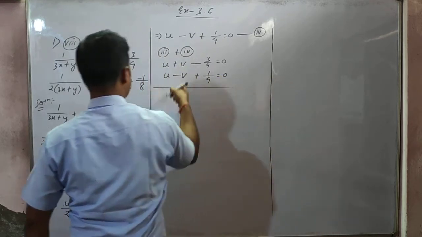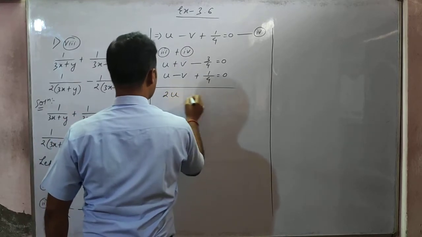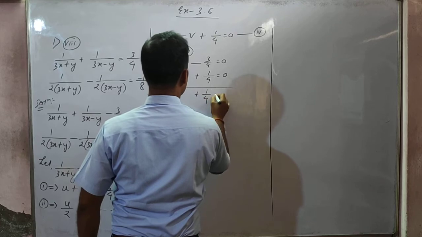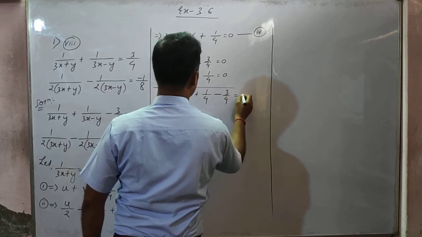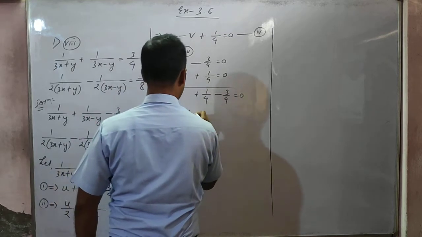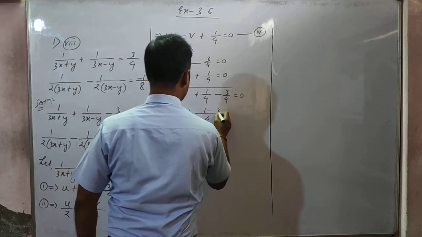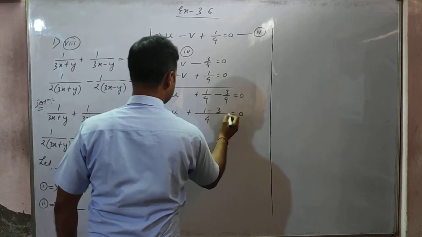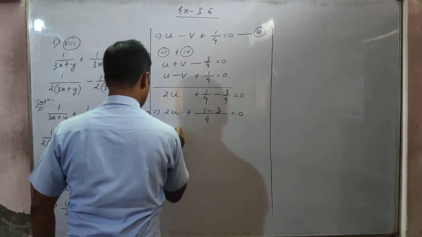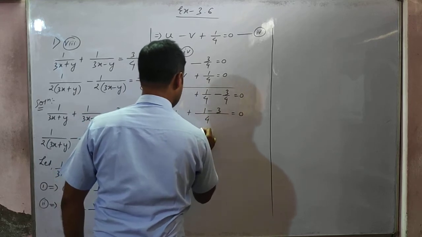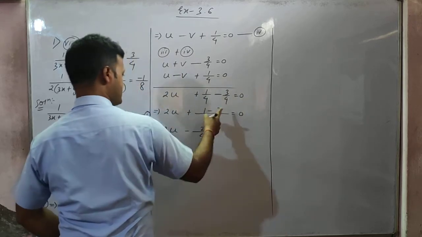So both you add, then v and v will be cancelled. 2u plus 1 by 4 minus 3 by 4 is equal to 0. 2u plus 1 minus 3 is equal to 0, so 2u minus 2 by 4, 1 minus 3 is minus 2, isn't it?